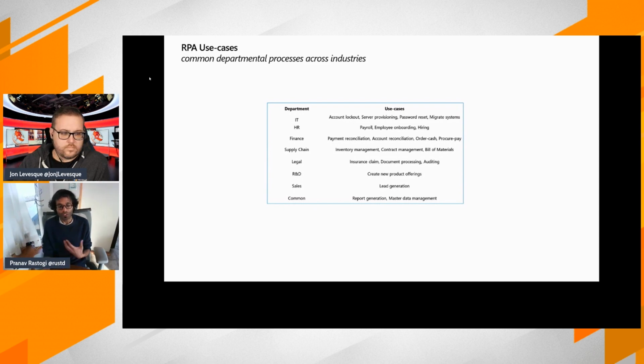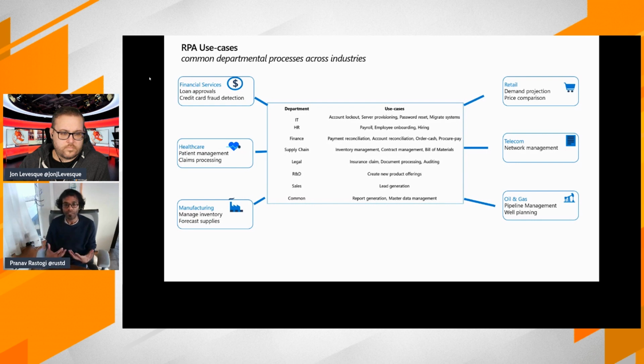And then once you've thought about these use cases, you can start layering upon different industries and scenarios, which are very industry specific. So, for example, for some of our customers in the financial sector, how would you do loan application automation or credit card fraud detection, patient management in healthcare, forecasting supplies in manufacturing, demand projection in retail, network management in telecom, pipeline management in oil and gas.